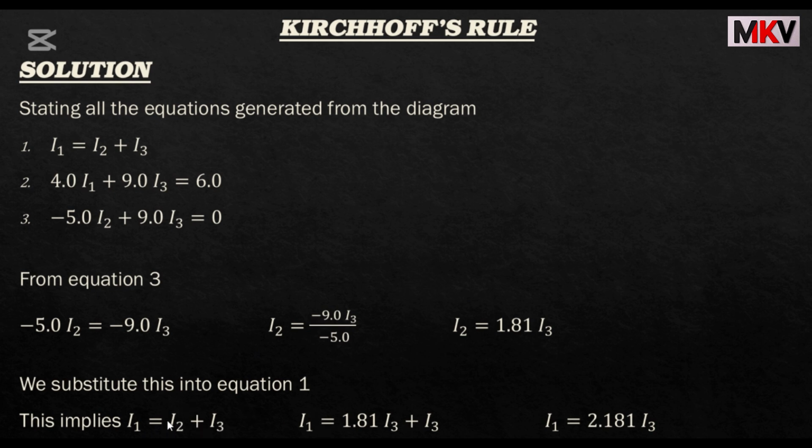So if you substitute I2 here, you have I1 equal to 1.181 I3 plus I3. So we add this, and I1 becomes 2.181 times I3. So now we've gotten our I1 and our I2, both in terms of I3.